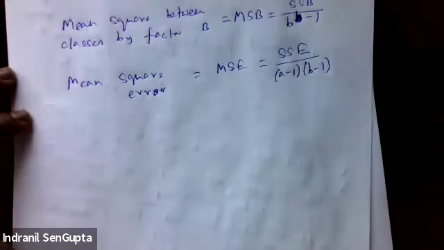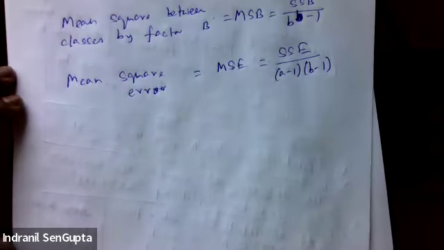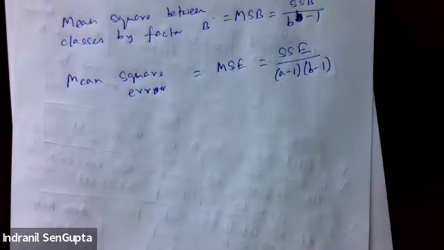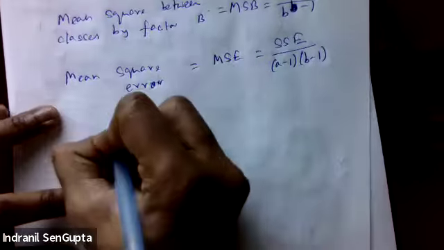Now the idea is we'll be computing two F scores.